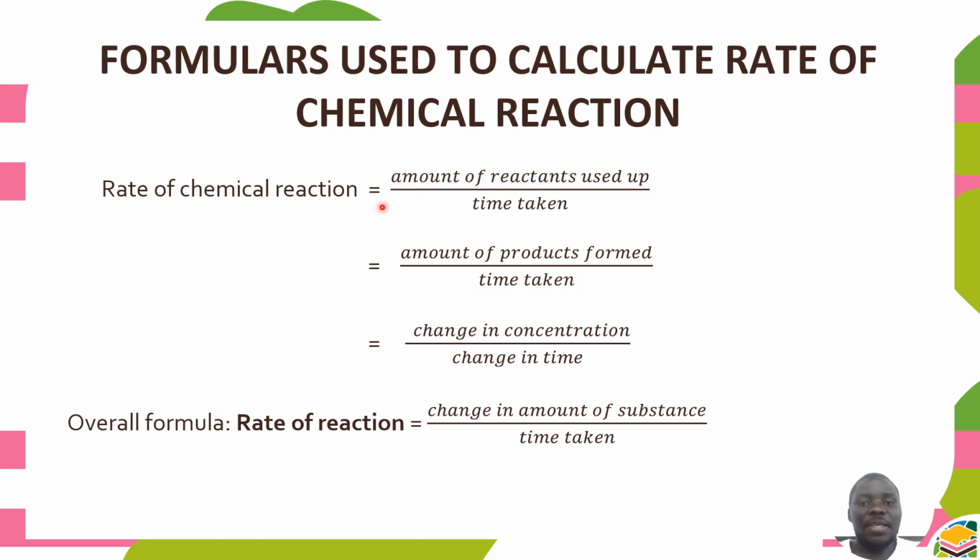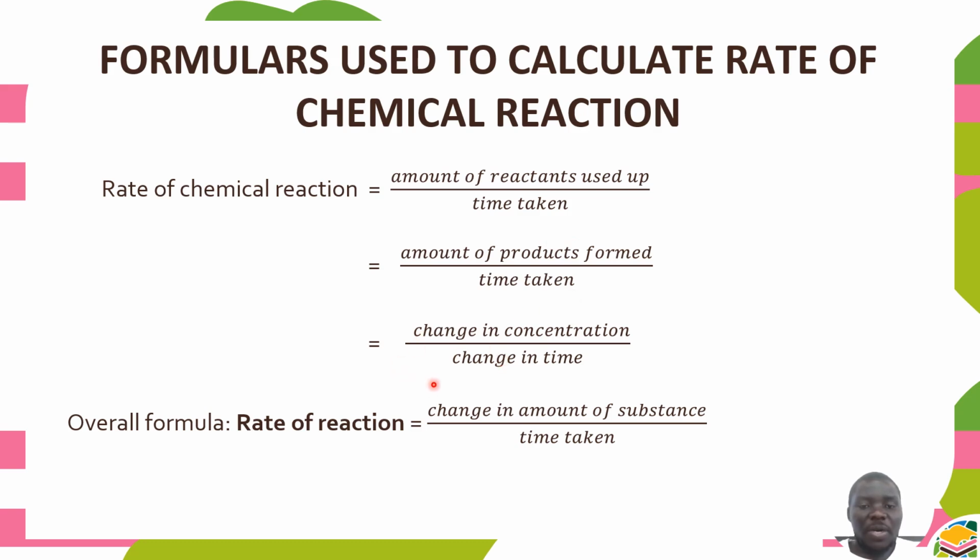So if we are given the number of moles of the reactant, we'll be able to calculate rate of reaction. We can also be given the amount of product, meaning the number of moles of product. We can also calculate the rate of chemical reaction. So another formula is amount of product formed divided by time taken.